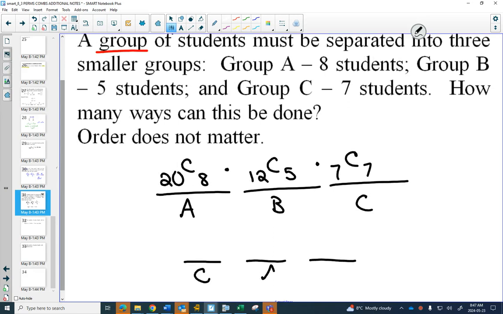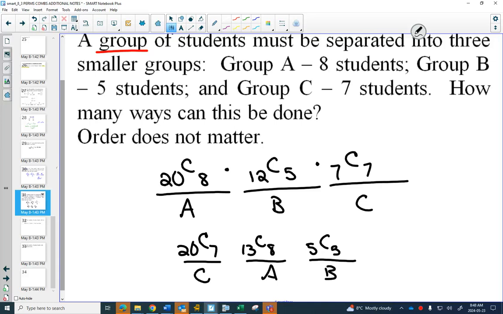and choose the order different. Start with 20, choose the 7 for C first, and then there's 13 kids left, choose 8 for A, and then 5, choose 5. You'll get the same answer, guaranteed. It doesn't matter which group you choose first.